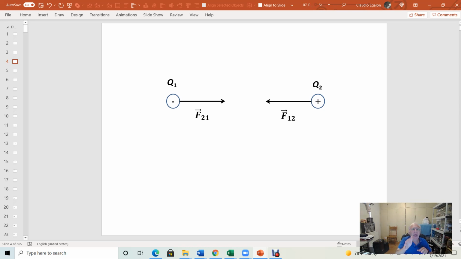The difference lies in the fact that we have negative charges. We do not have negative masses. But when we put a negative charge next to a positive charge, they attract each other. That's Coulomb's law. When you put a positive charge next to a positive charge, they repel one another. The forces are the same, but the directions are opposite.